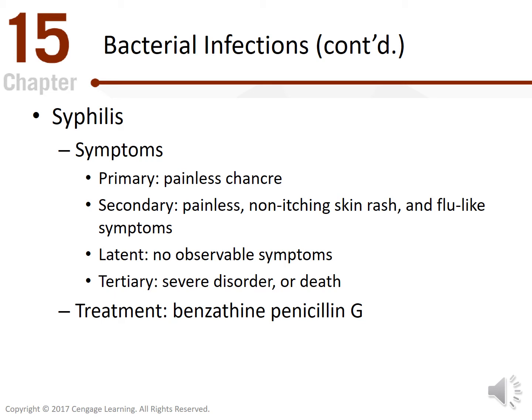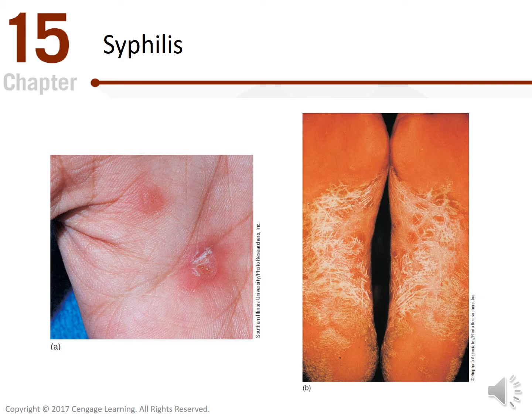Treatment includes benzathine penicillin G. And in figure 15.3, in the secondary phase of syphilis, a skin rash appears on the body, often on the palms and the feet.